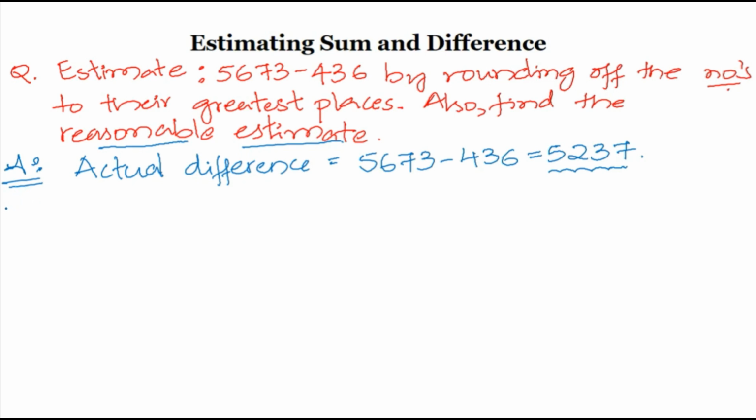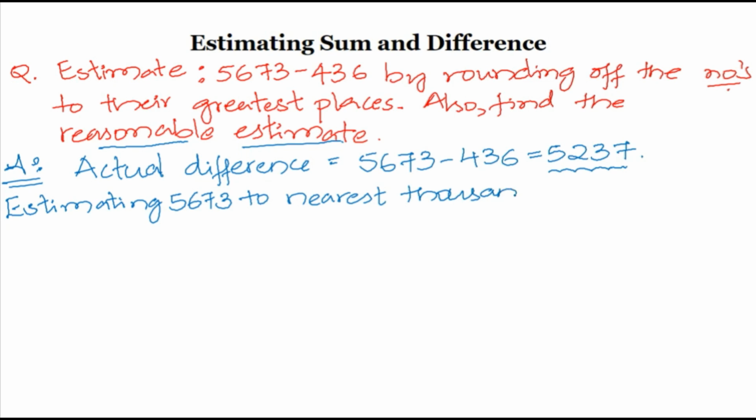Estimating 5,673 to nearest thousands, we look at the digit at hundreds place, it is larger than 5.